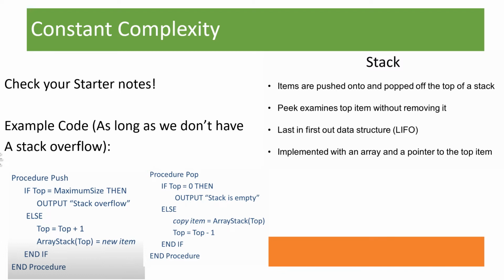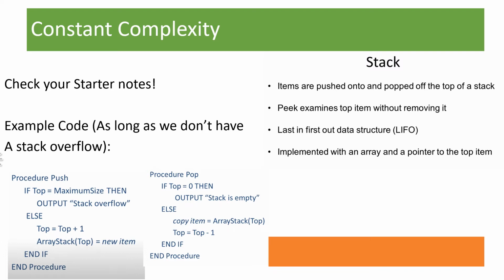Now we can have two pieces of code, as you can see in pseudocode just here. We've got our operation push and our procedure pop. Each time we run one of these procedures, it's the same code that is used to push or to pop the item from the stack. Now don't get confused here.